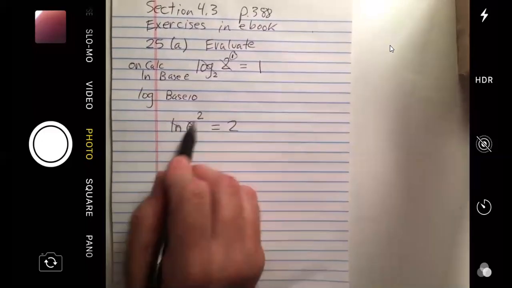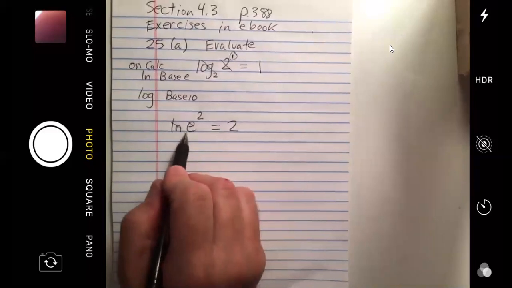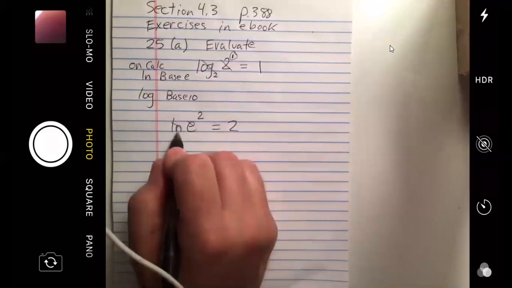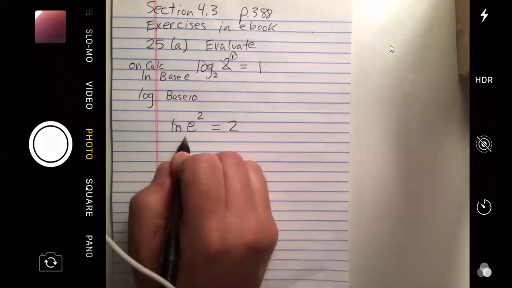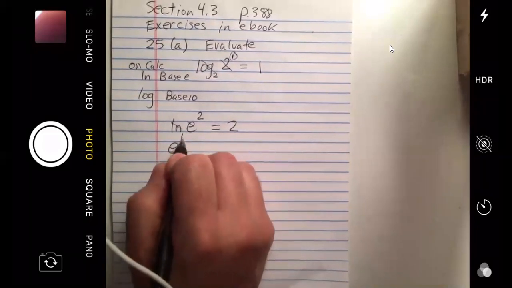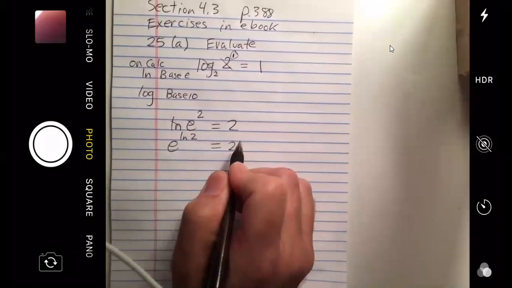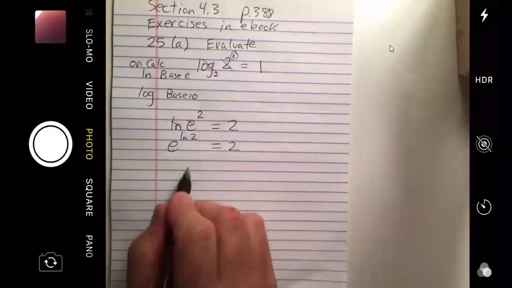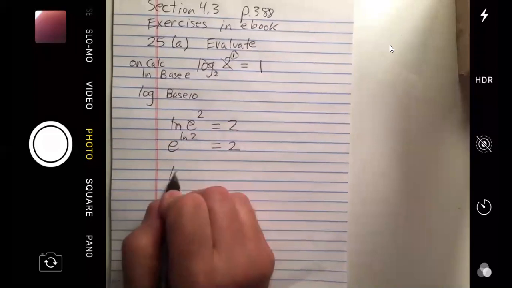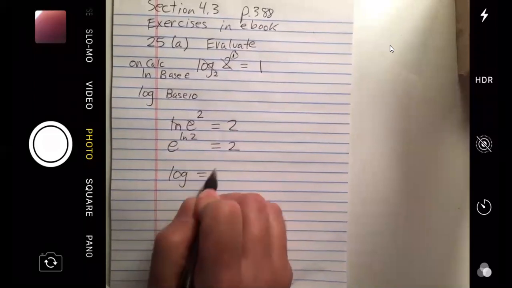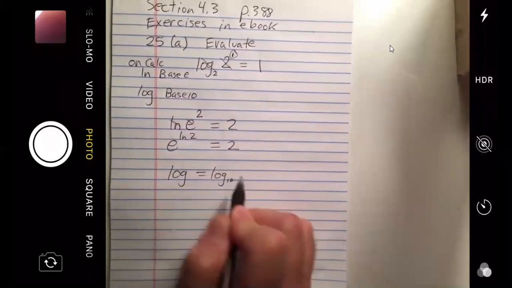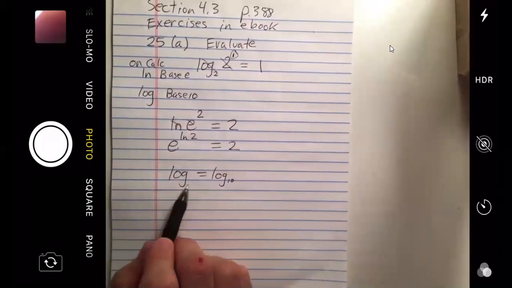You can punch this on the calculator and it will show it, and it doesn't matter the order you punch the keys. These are called inverse functions. You can write e to the ln of 2 and you will also get 2. I can play this game with log. It is identical to log base 10. You can tell this on the calculator because it will be paired with 10 to the x above it.